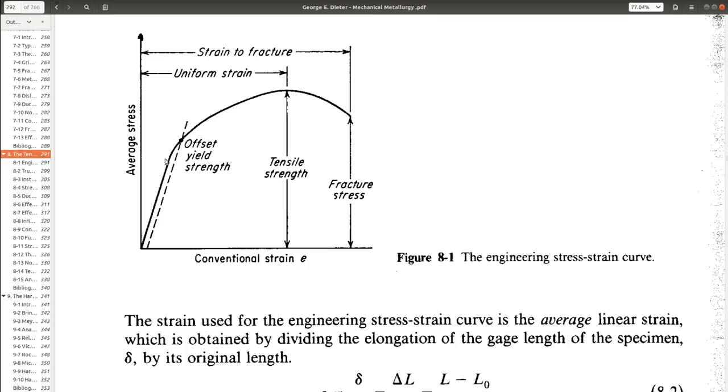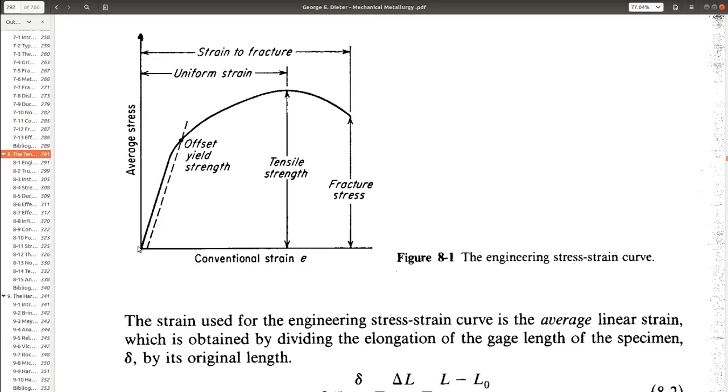In order to identify the yield point, we may have to load and unload to every incremental or every possible conventional strain, but that's very difficult.